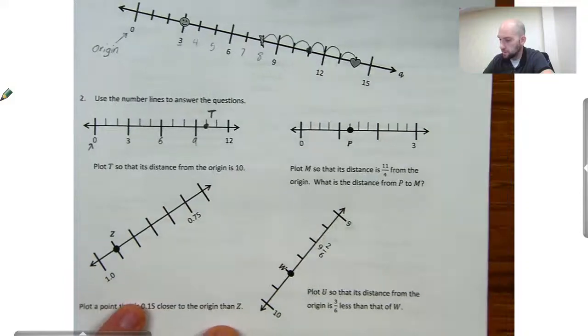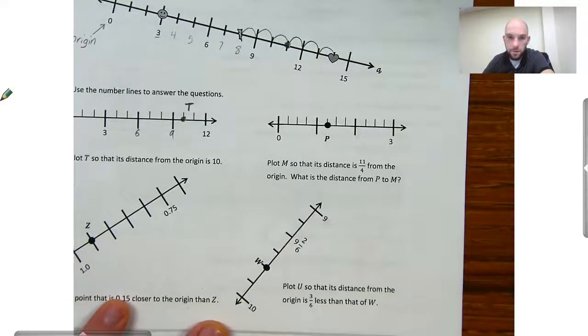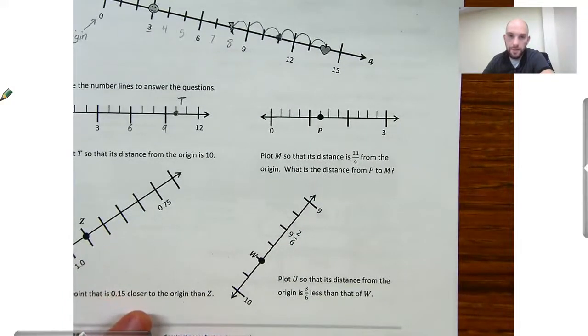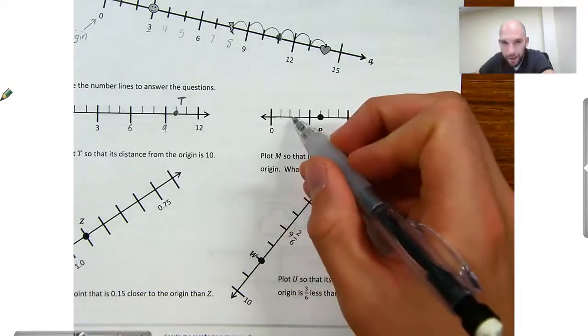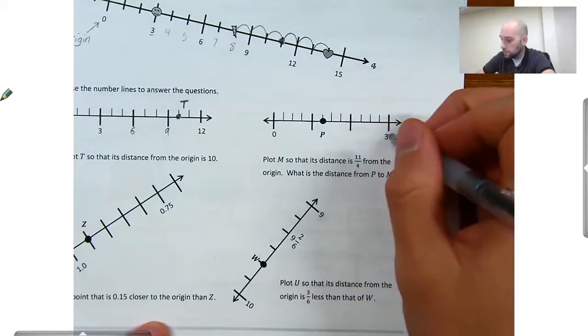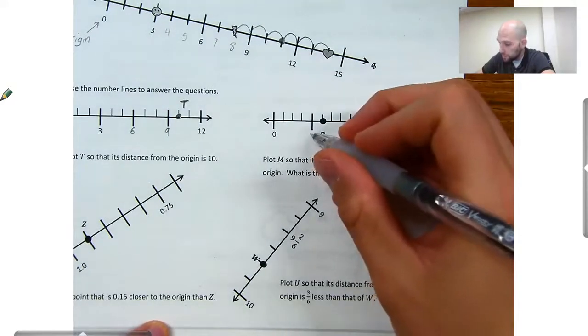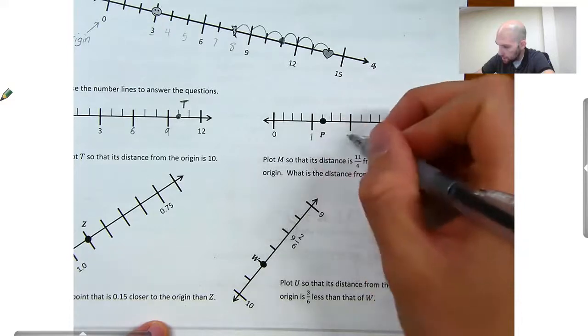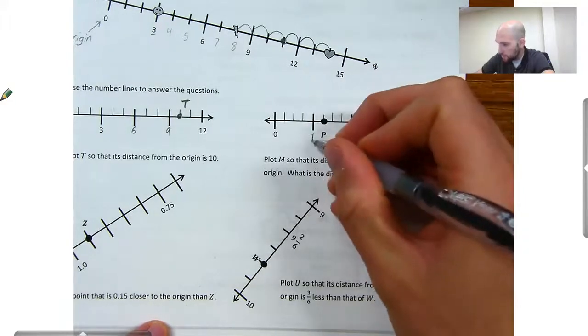Next it says plot M so that its distance is 11/4 from the origin. So this time each one of these little lines here is not going to be 1. This is 3, so these big lines are 1, 2, 3.